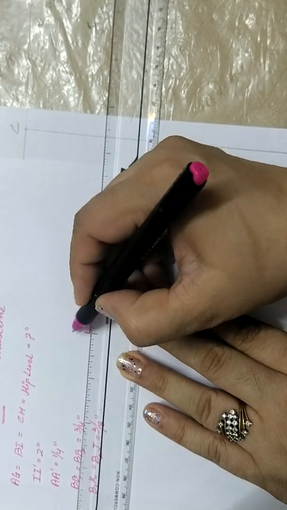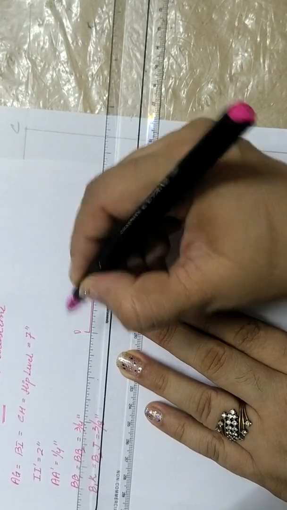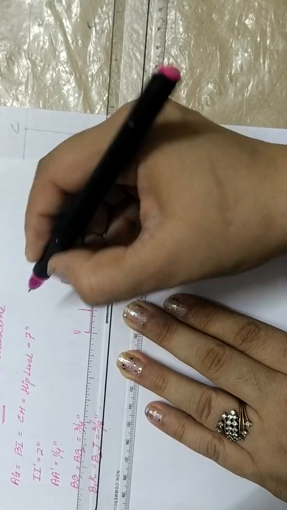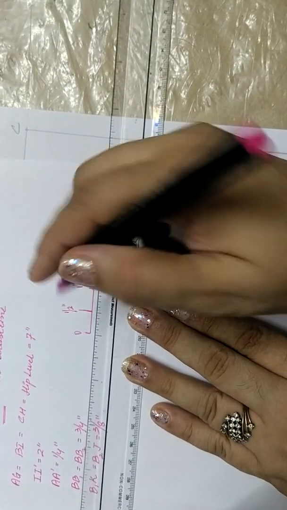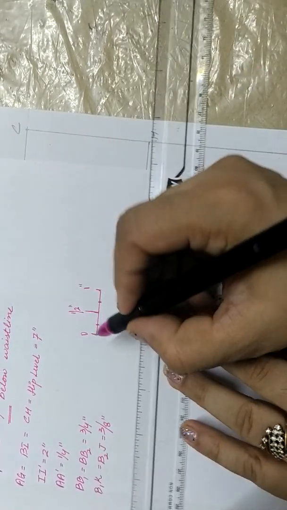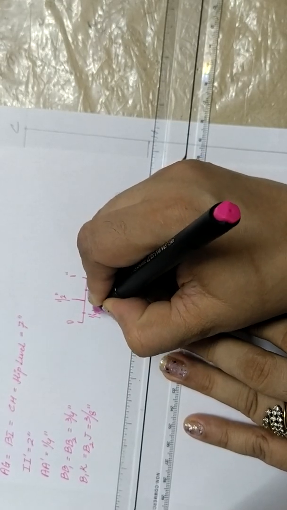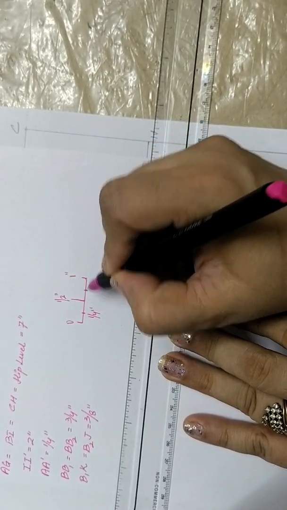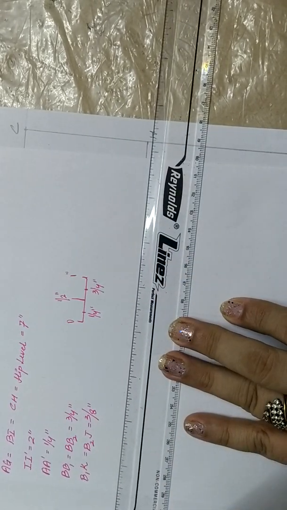This is my 0 point, this is my 1 inch mark, and this is my half inch. This center one is the half inch, which we all know. After this, let's mark the remaining points below. This is 1/4, this is 3/4. As in, the main prominent division between 0 and half is 1/4 inches. Similarly, the prominent division between half and 1 is 3/4 inches.